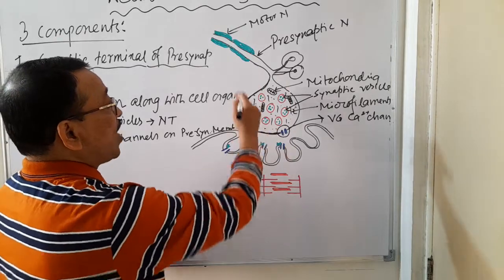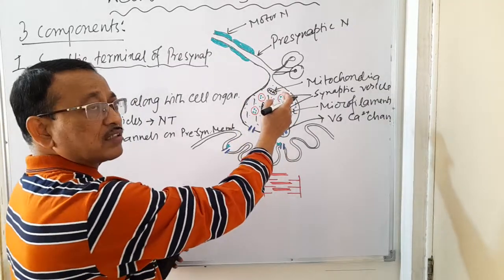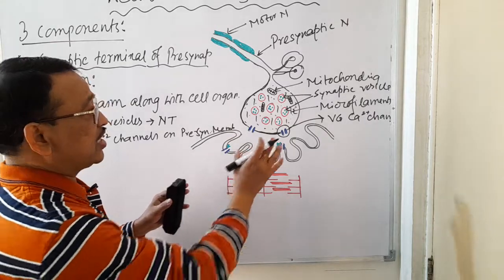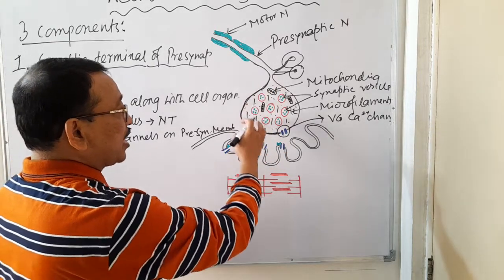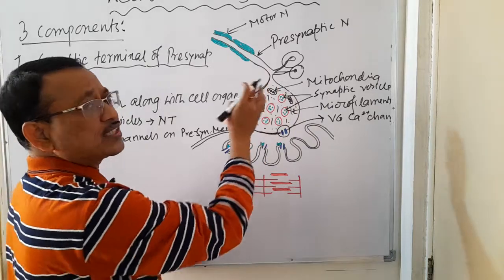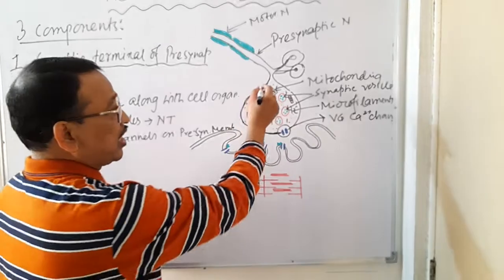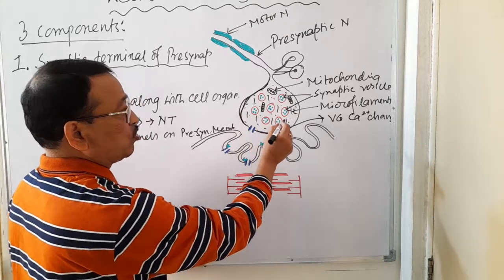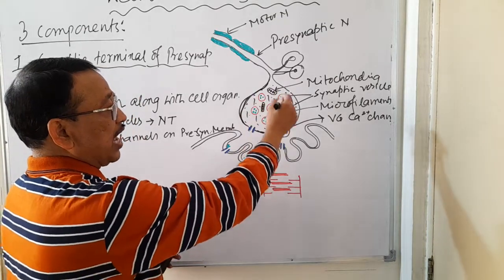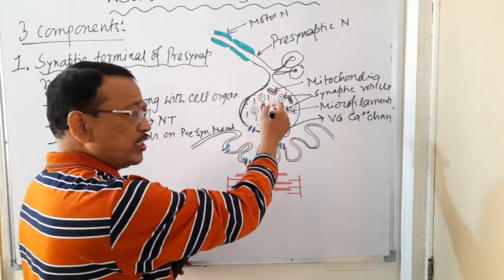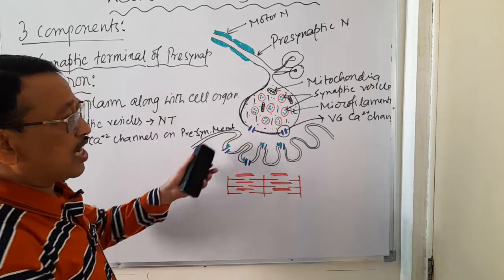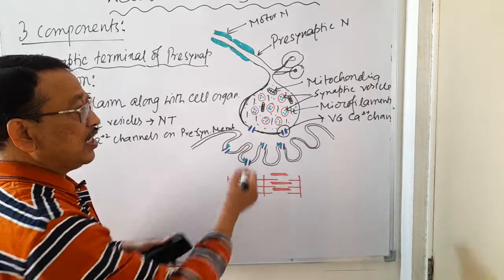So this is the first component of the synaptic junction structure, that is the synaptic terminals of the presynaptic neuron. The synaptic terminal or axon terminal of the presynaptic neuron contains the axoplasm, which contains different types of cell organelles like mitochondria and microfilaments.